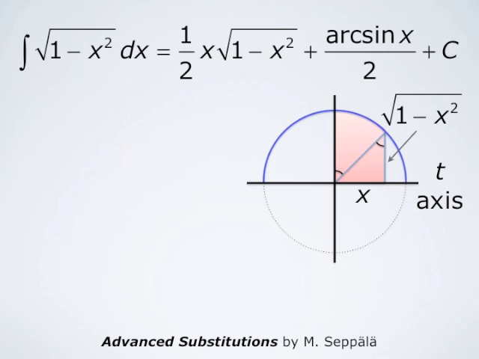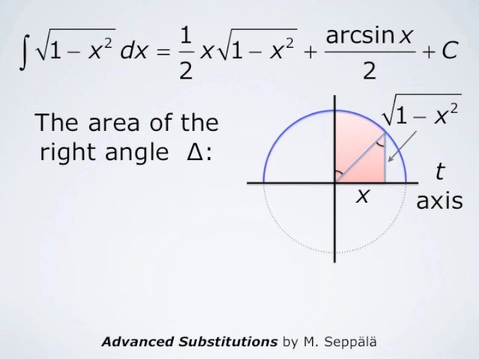The area of a triangle is base times height divided by 2. So the area of this right angle triangle is 1/2 x square root of 1 minus x squared. This is the first term in the formula for the integral of square root of 1 minus x squared dx.